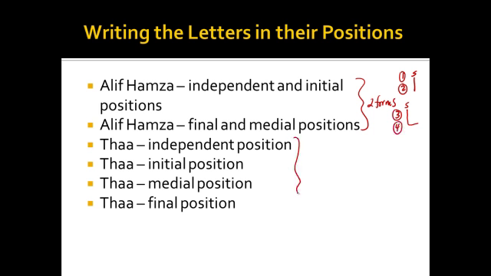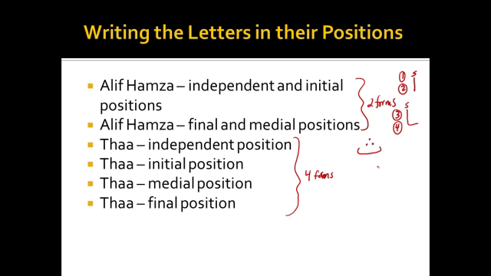Now, the Thaa here has four forms for the four positions, and they look like this, just like the Ba and the Ta that we discussed previously, but there are 3 dots on top instead of 2 dots above for the Ta and 1 dot below for the Ba.